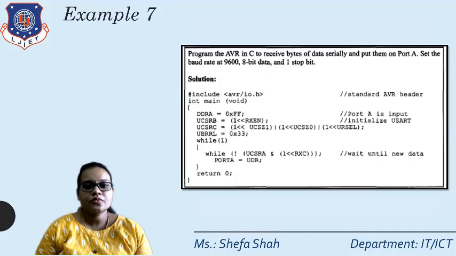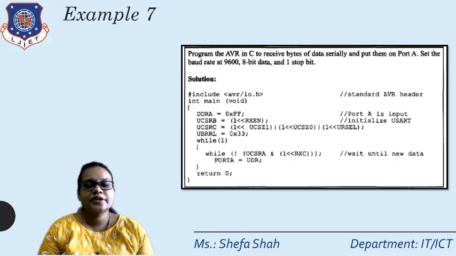Now, next, this is the program for receiving the data, right? Here we will program the AVR in C to receive bytes of data serially and put them on port A. Set the baud rate at 9600, 8-bit and 1 stop bit. So here we are initializing the data, then port A is the output port, so DDRA is equal to 0xFF, right?